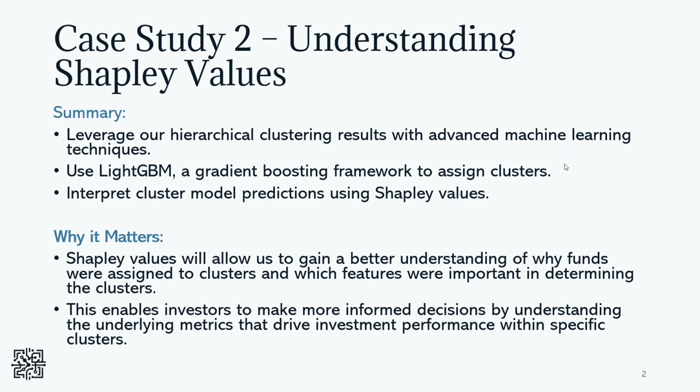Then we will use Shapley values to interpret why they are being put into each cluster, and what features were important for determining which funds would go into which cluster.